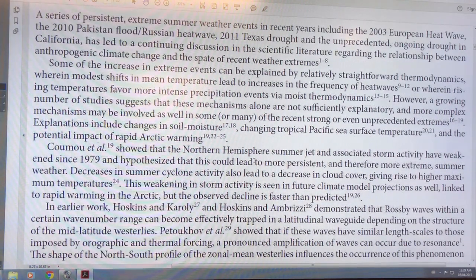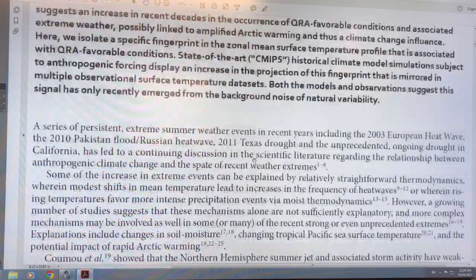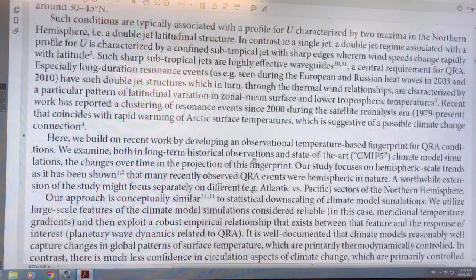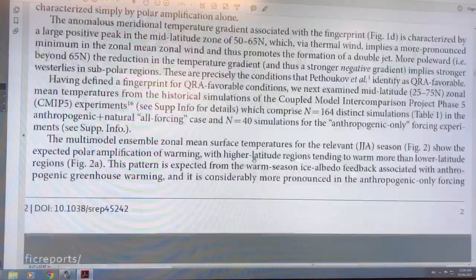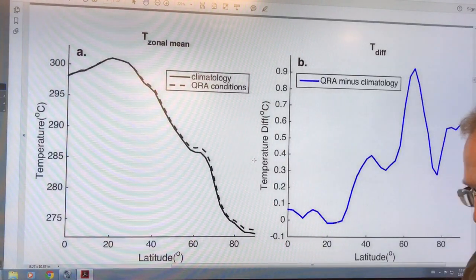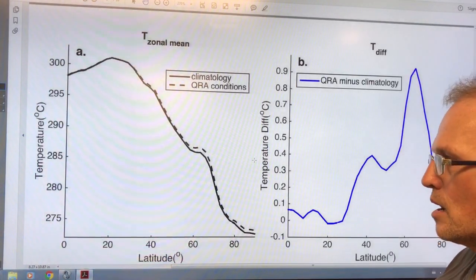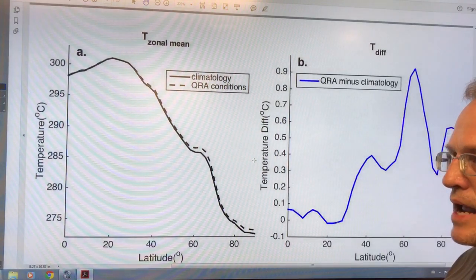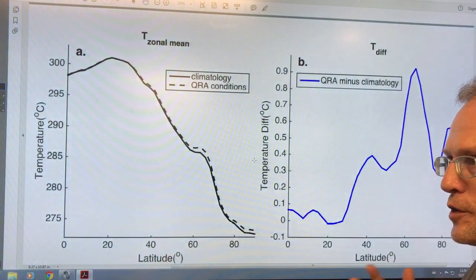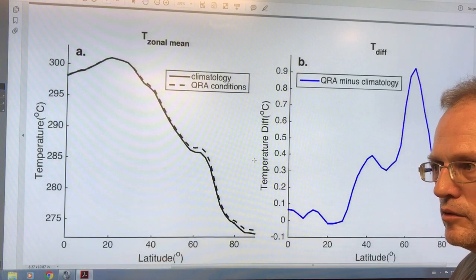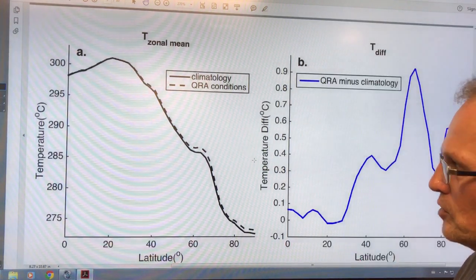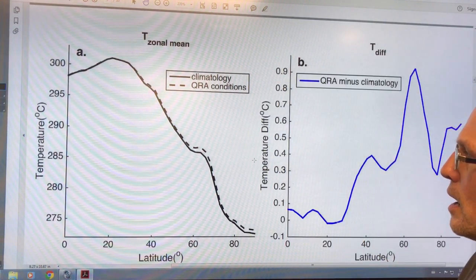So let's have a look at some of the diagrams here. Basically, what this study did is it looked at the temperature data at the surface from 3 different models, over time, from the climate reanalysis data from 1979 to 2015, I think was the extent of the study.